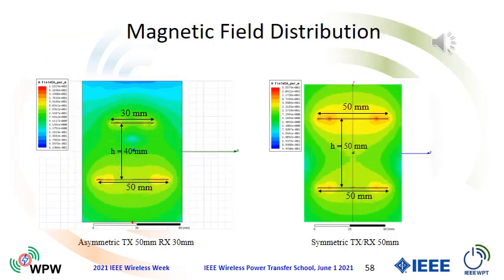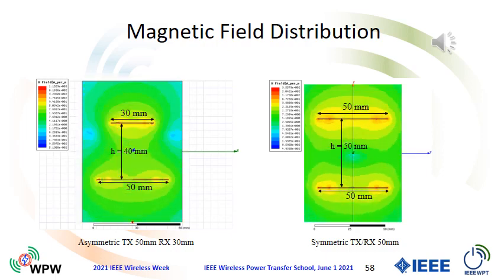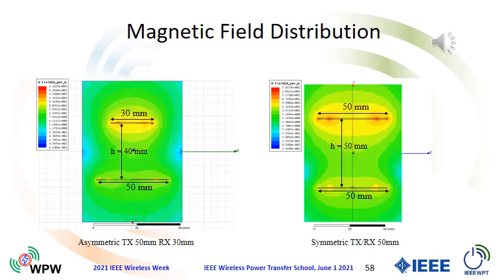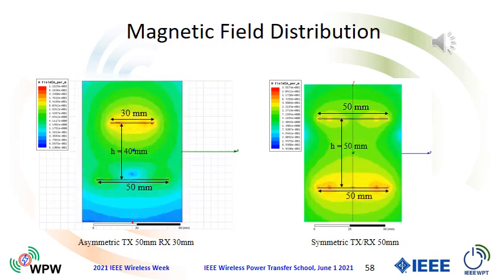The right figure shows a glance of the simulated magnetic field for the symmetric 50 by 50 mm square at different phases.